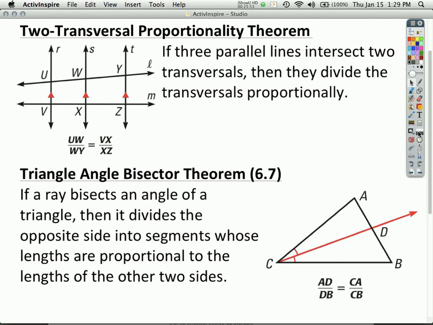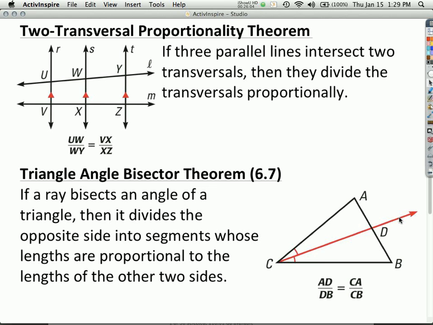So this one's a little bit different, but we still have the same basic theme going on, the proportionality that comes out of a certain situation. And so if we have an angle bisector, this is not a segment bisector. It looks like it might be, but we don't know if it is. This is an angle bisector, that's what these marks are indicating.